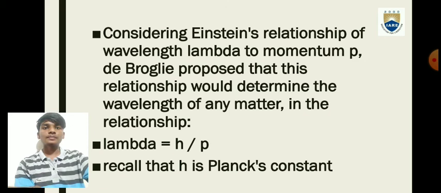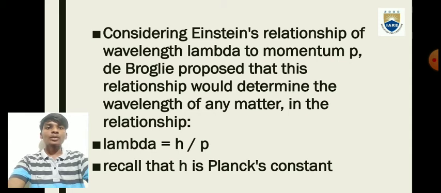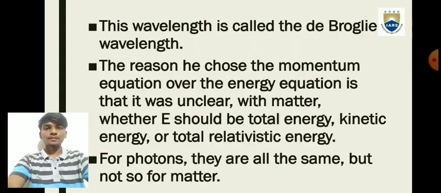Considering the Einstein relationship of wavelength lambda to momentum p, de Broglie proposed that this relationship would determine the wavelength of any matter in the relationship. That is, lambda is equal to h by p. Recall, h is Planck's constant. This wavelength is called the de Broglie wavelength.